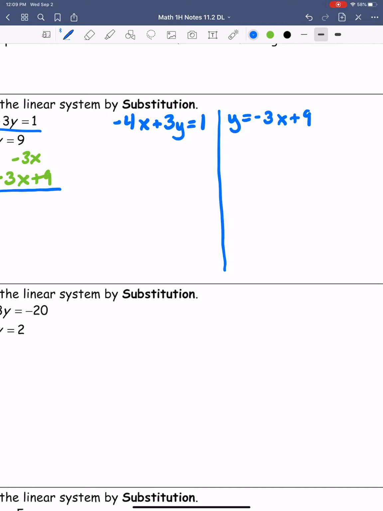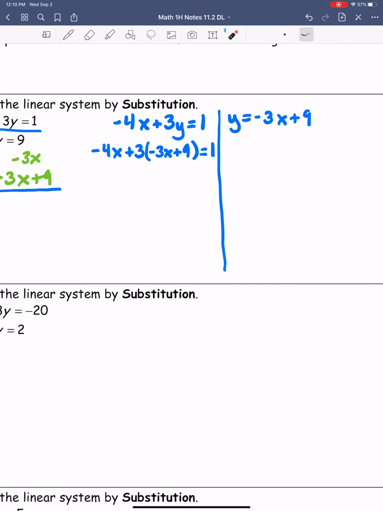We're going to have negative 4x plus 3, and then instead of y, I'm going to plug in what I have here, which is negative 3x plus 9, and that equals 1. So notice I replaced y with what y equals, which is negative 3x plus 9.